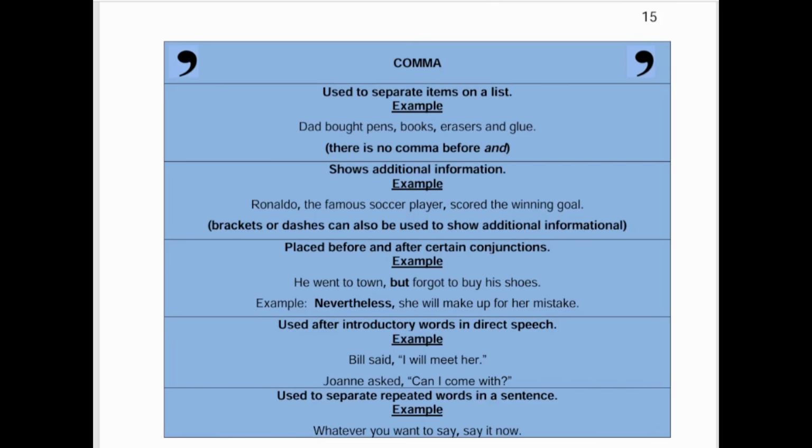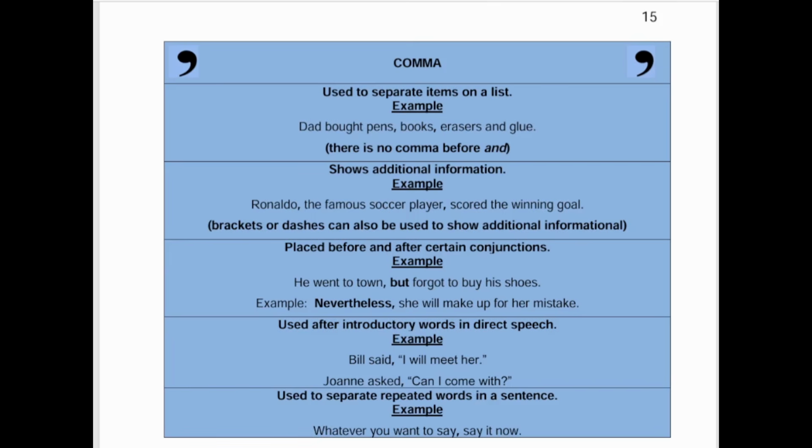Mom went to the market and bought oranges, bananas, avocado, and tomatoes. Then the second use of a comma is to show additional information.